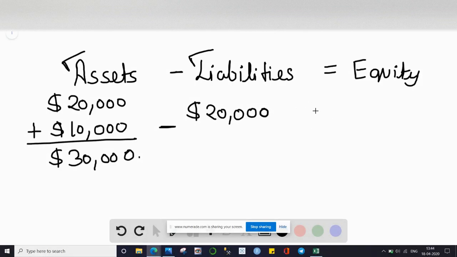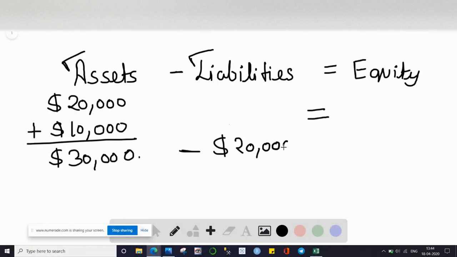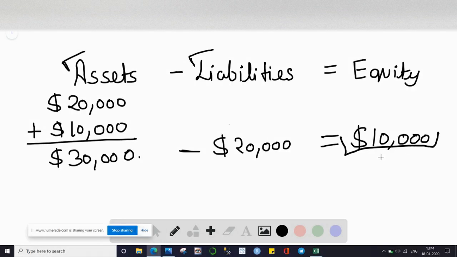Okay, now what's the equity part? As of now we have 30,000 minus $20,000. In very simple terms, it is the take away from business.